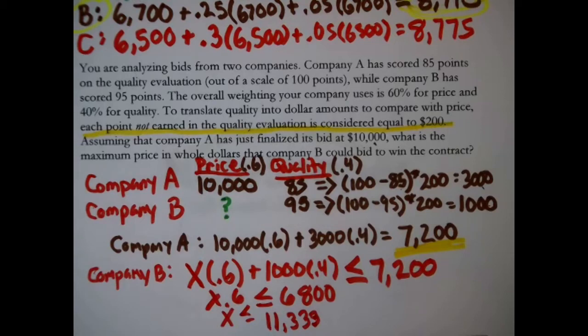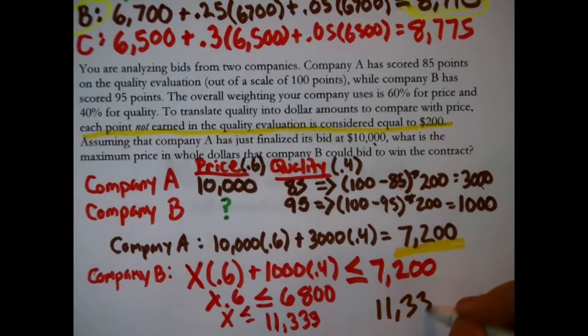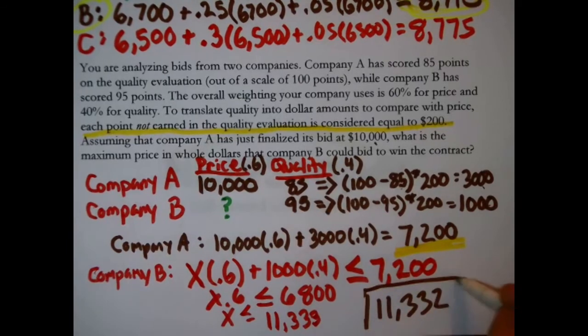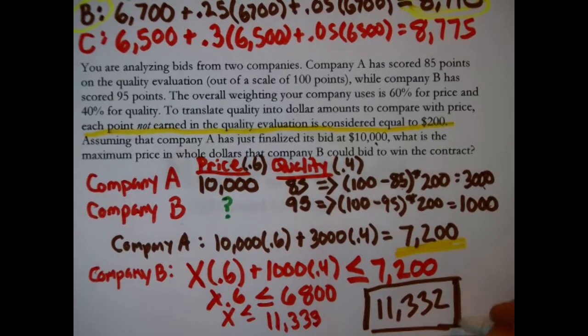Now, is that the answer? Well, actually, that depends on how you argue this. If you count the 33 cents that are on the calculator, if they asked $11,333, they would just barely earn this. But to be safe, this is whole dollar amounts, you could report 11,332. You could go one less. It depends on how you interpret the decimal places.